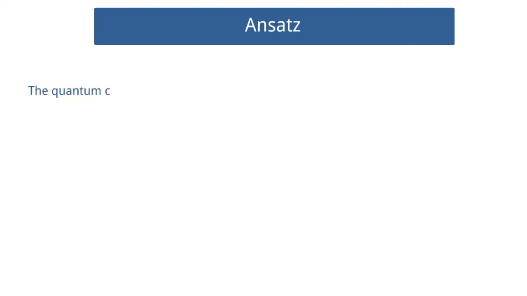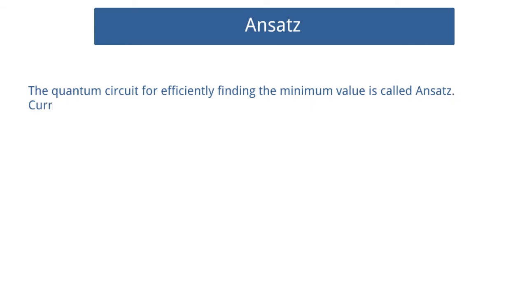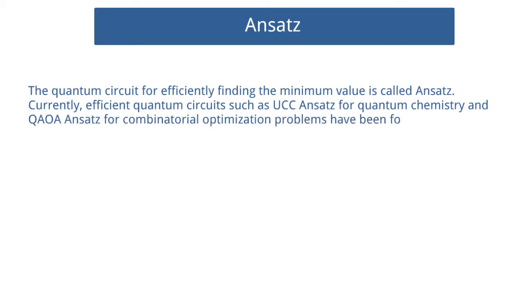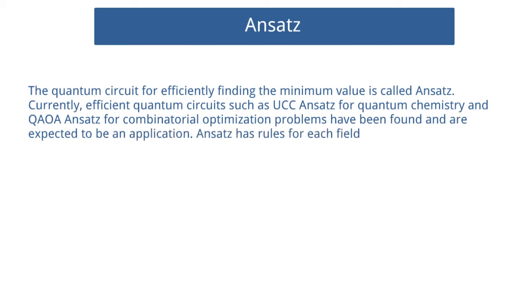Ansatz. The quantum circuit for efficiently finding the minimum value is called an ansatz. Currently, efficient quantum circuits such as the UCC ansatz for quantum chemistry and the QAOA ansatz for combinatorial optimization problems have been found and are expected to be applied. An ansatz has rules for each field to some extent and is written according to the rules.